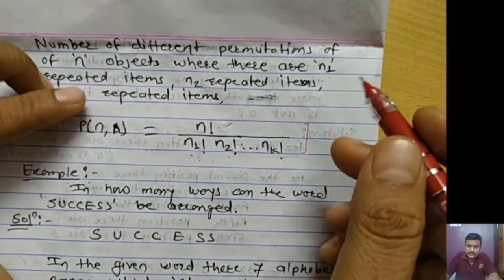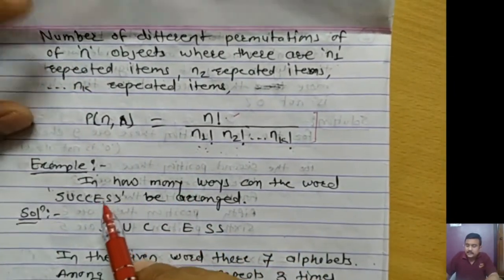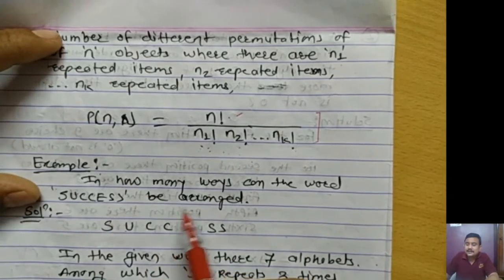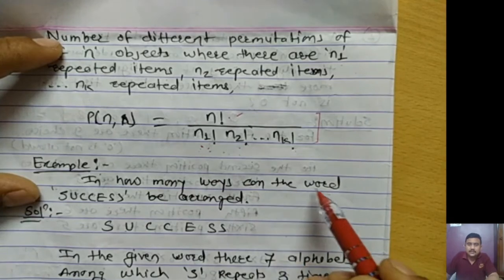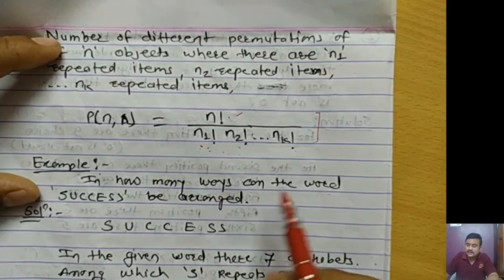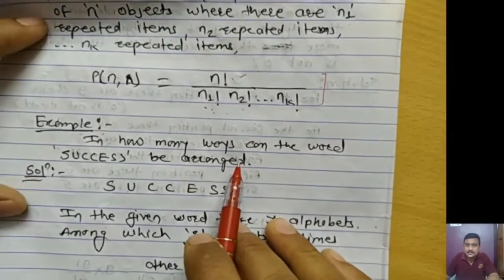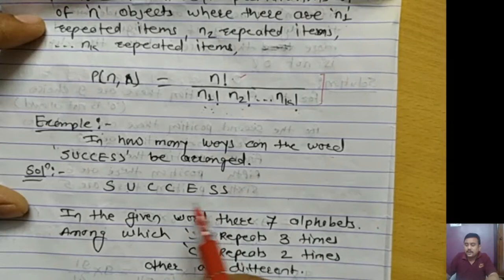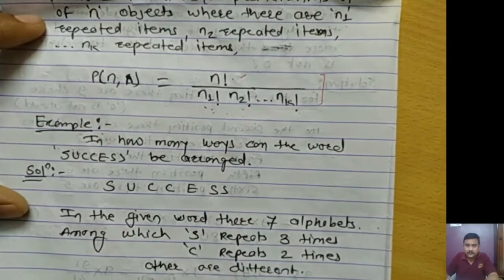So let us take an example of this. Consider the example: in how many ways can the word success be rearranged? It means that we have to arrange the word success. Arranging means we have to change the position of each alphabet.